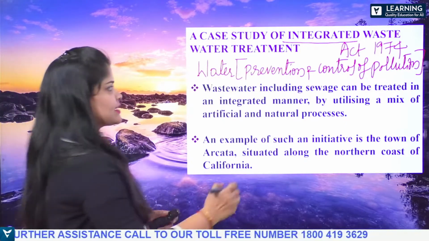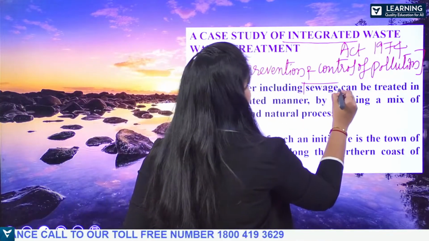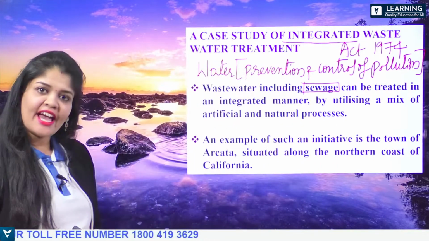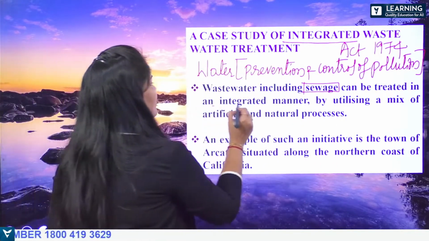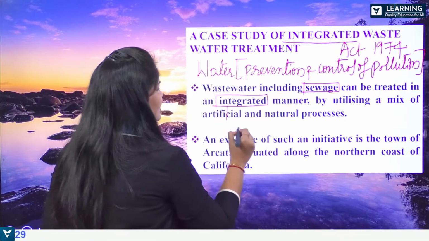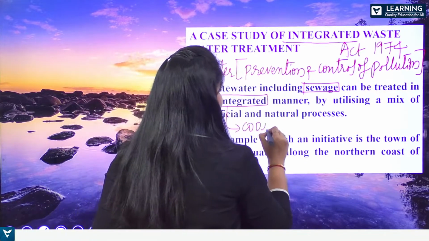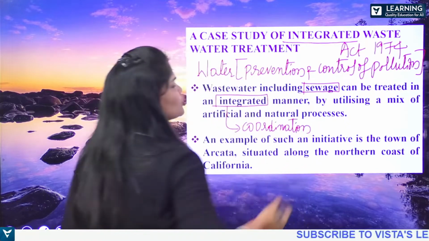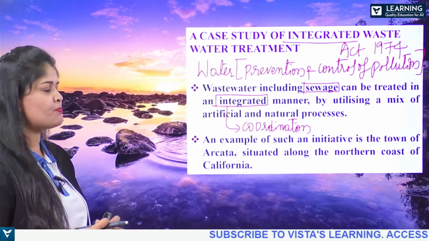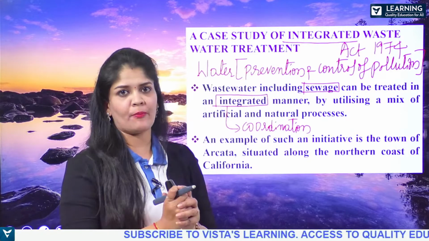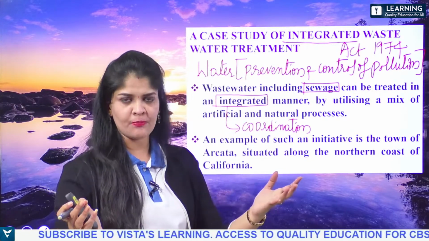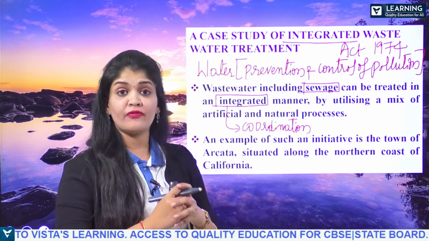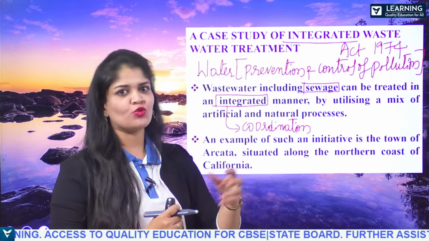Wastewater, including sewage, can be treated in an integrated manner, an integrated coordination of more than two procedures. Here we are mixing two different processes such that we can effectively treat this wastewater.